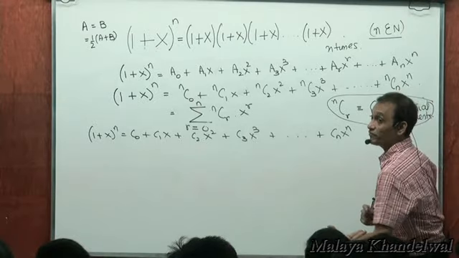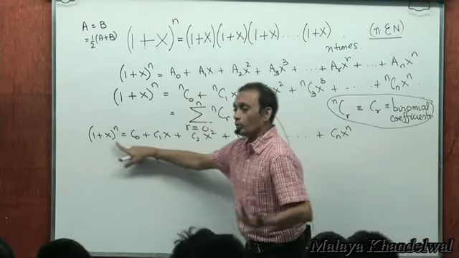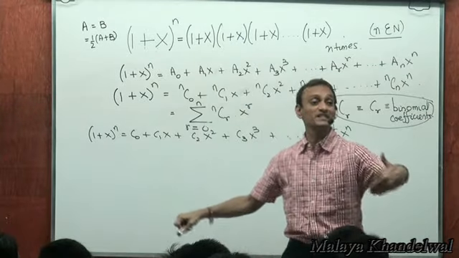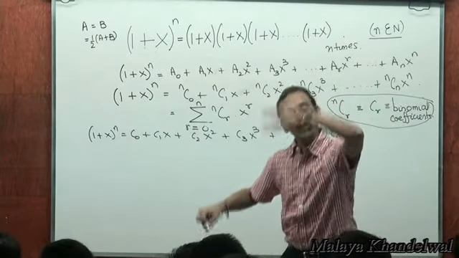And a property that we've already figured out, obtained by plugging in x equal to 1 on both sides: C0 plus C1 plus C2 plus C3 plus Cn will be 2 to the power n.